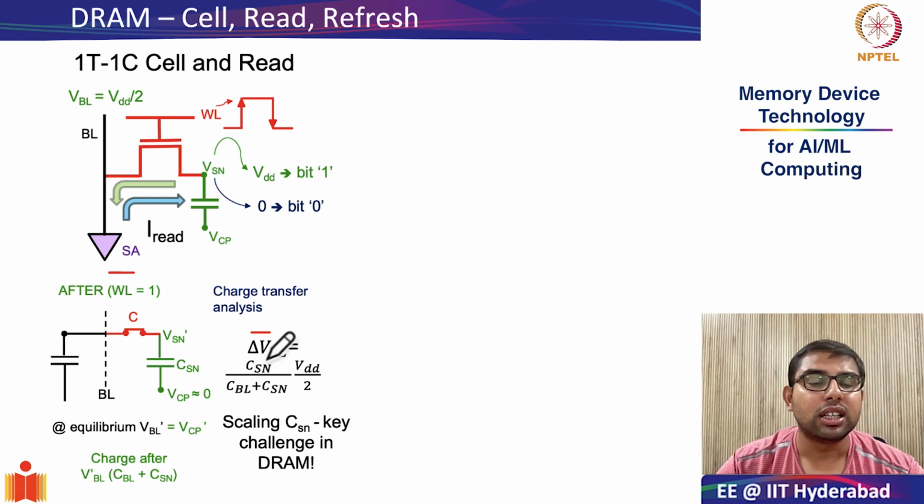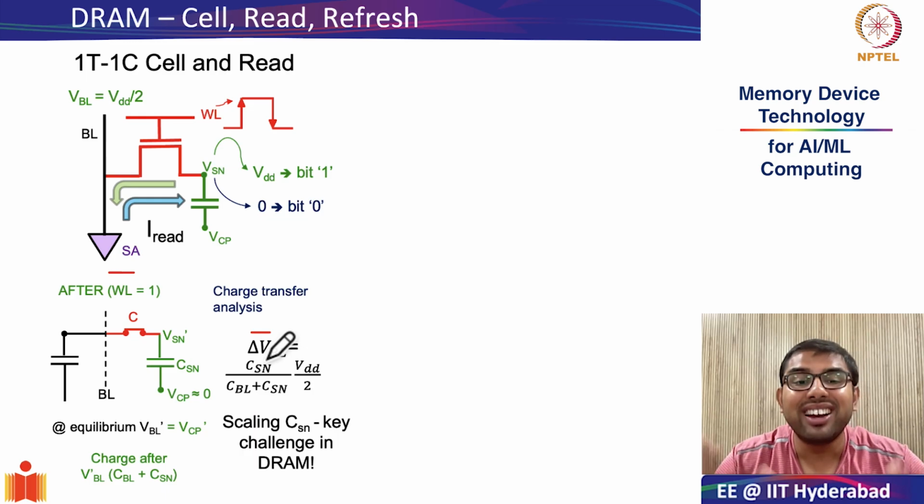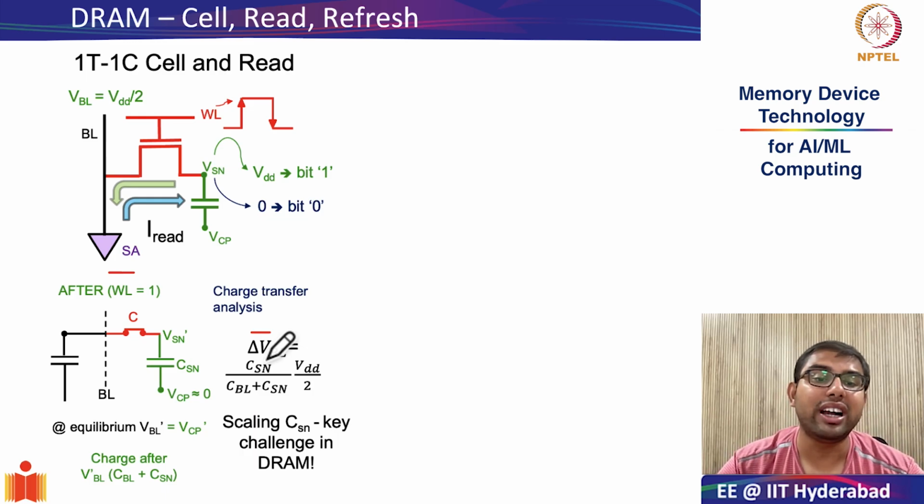Therefore, you have to maintain some reasonable value of storage node capacitance as you keep reducing the dimensions of your DRAM cell, and this becomes the key scaling challenge.